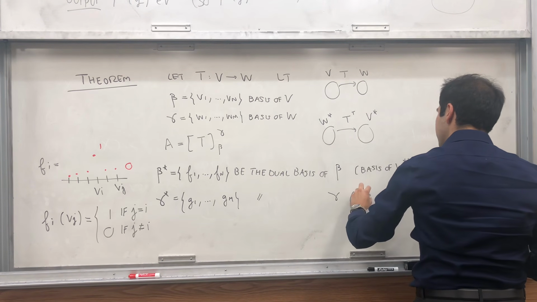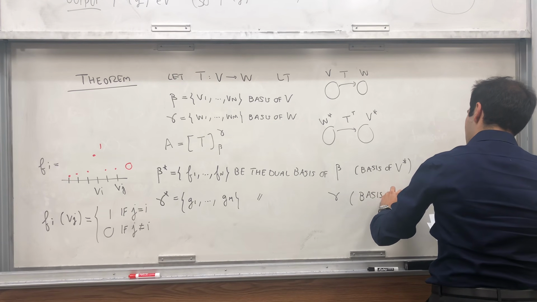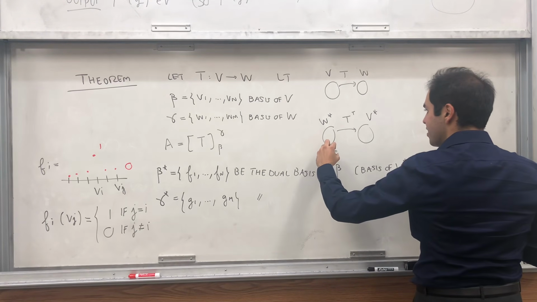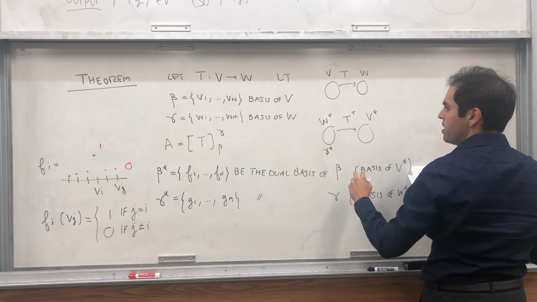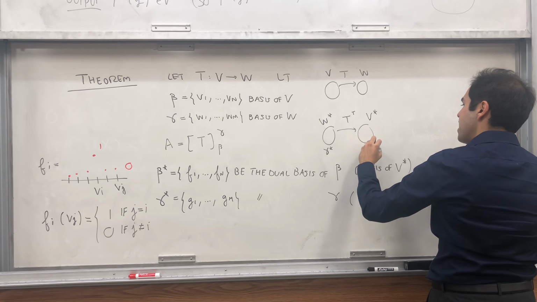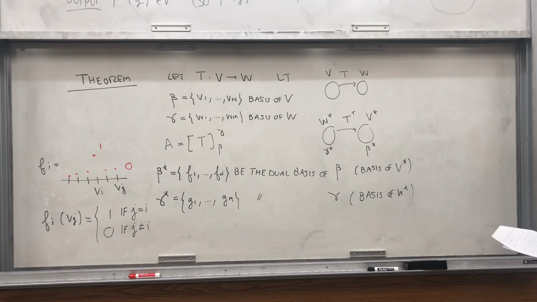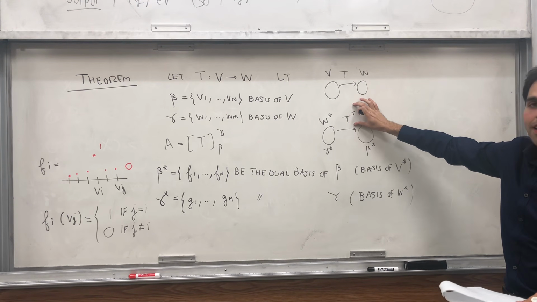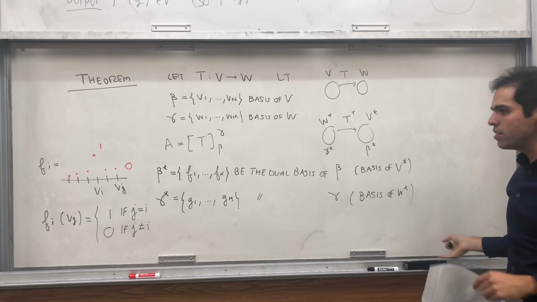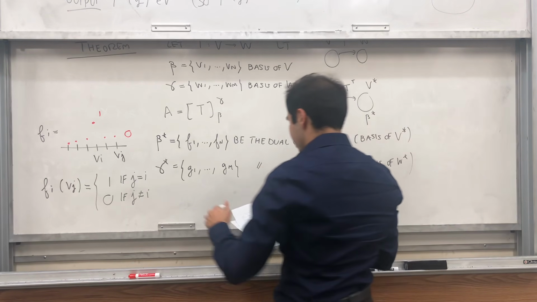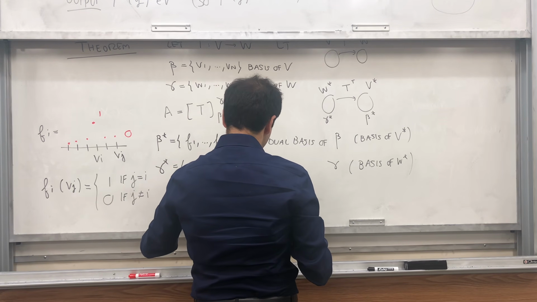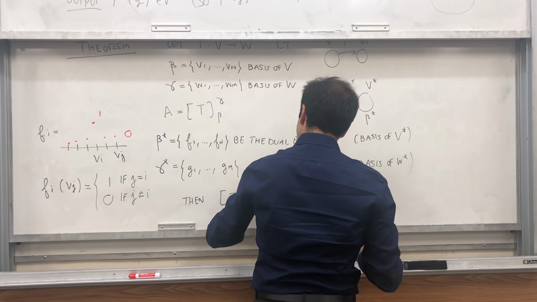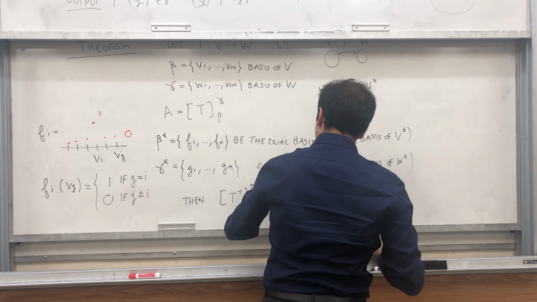And the point is, this becomes a basis of W star. And that's good, because now we have gamma star being a basis of W star, beta star being a basis of V star, and using those two bases, if you calculate now the matrix of T transpose, you will get A transpose. So then, T transpose, going from gamma star to beta star, equals A transpose.